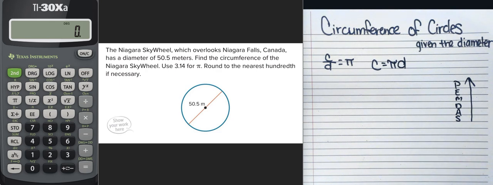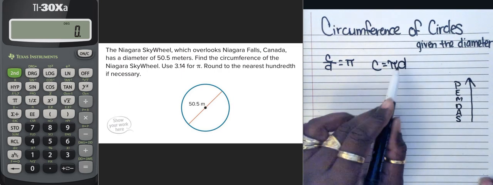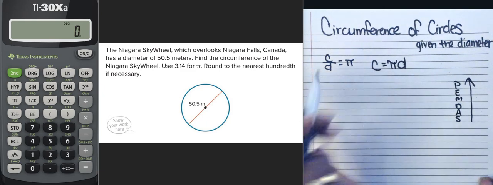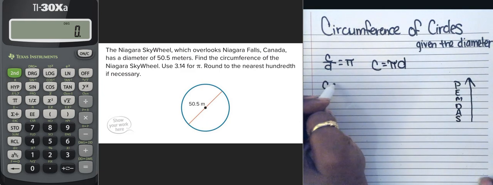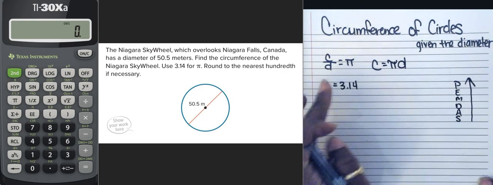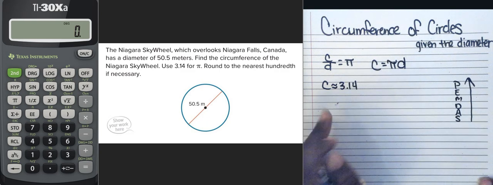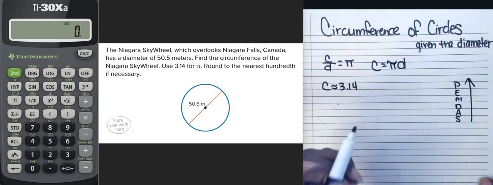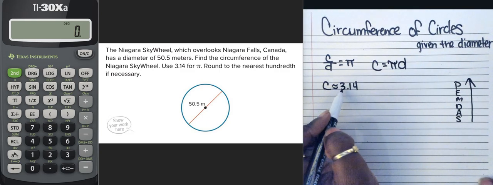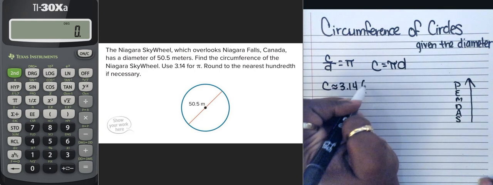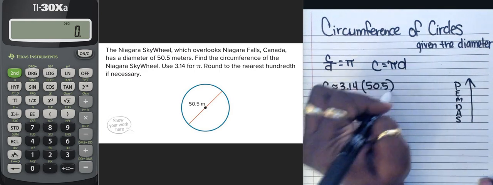All right, so I'll start with this one here, and then I'll move on into the other one. So we're going to say that the circumference is equal to pi, which they told us to replace with 3.14. Now, because we're replacing that with 3.14, it's not equal anymore. It's approximately, right? So I'm going to use my approximation sign. And so we have 3.14 times the diameter. The diameter is 50.5.